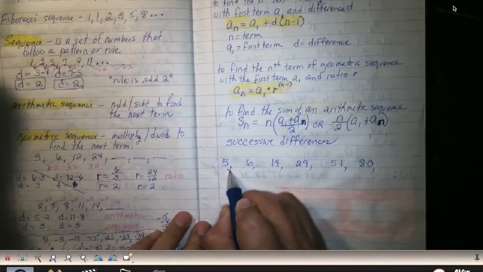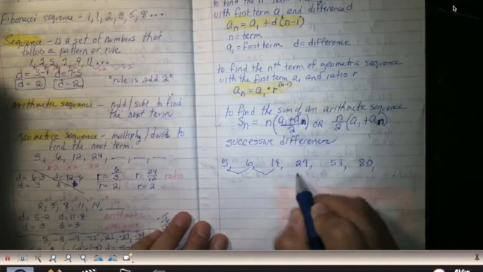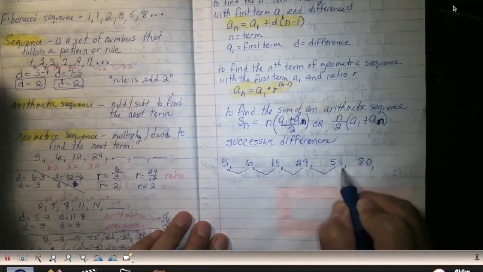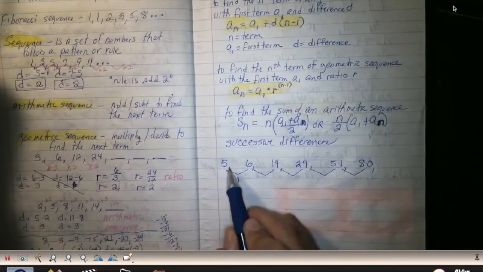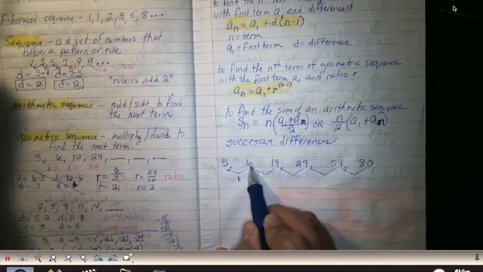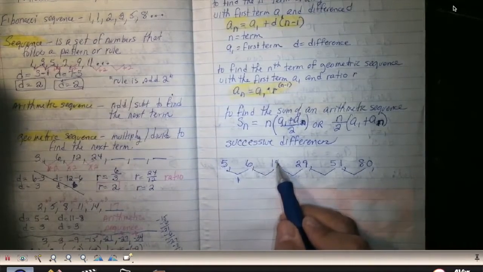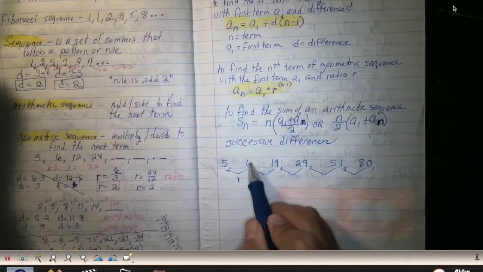So let's go ahead and subtract here to see what is happening. So 6 minus 5 is 1, or 5 plus 1 is 6. Remember, I get the number on the right and I subtract it from the number on the left.